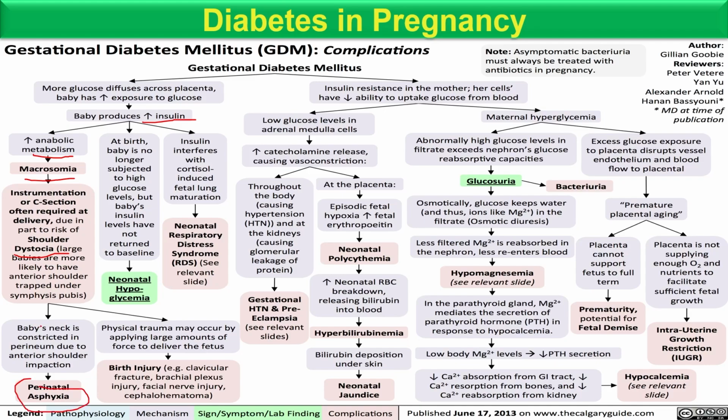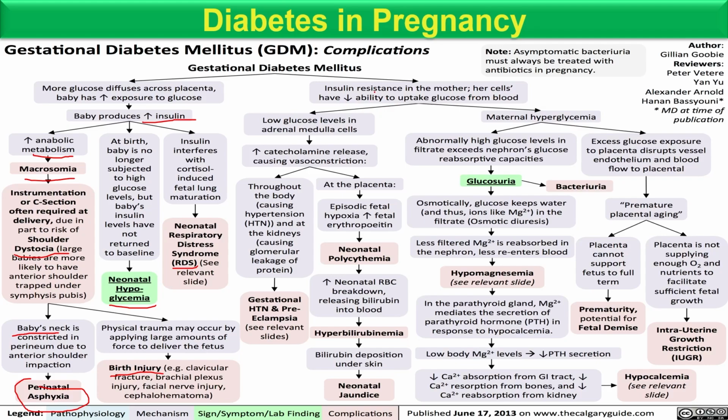This is due to neck constriction of the baby, and other birth injuries can happen. Neonatal hypoglycemia, because before birth the baby is taking high glucose from the mother, but after the birth there is stoppage of high glucose while the insulin level is high, so this leads to neonatal hypoglycemia. And RDS, respiratory distress, because the high insulin also interferes with the maturation of the lung.